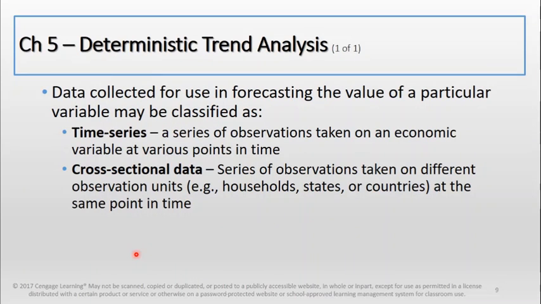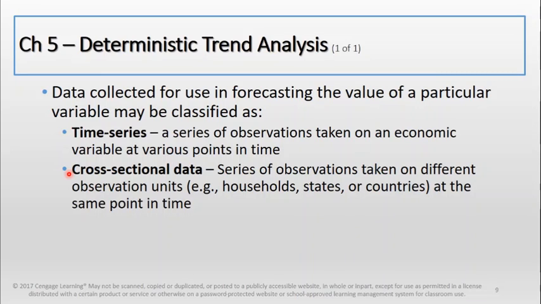So data collected for use in forecasting the value of a particular variable may be classified into two major categories, which is your time series and your cross-sectional data, which I believe you've already encountered these terms in your BA 319, diba? So your time series and cross-sectional data.